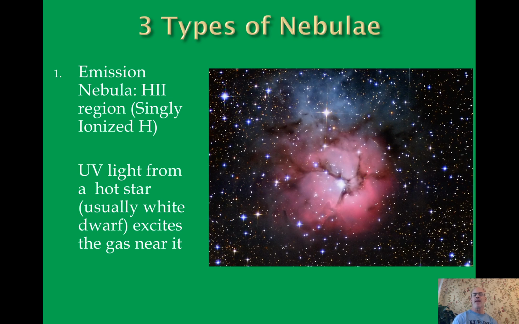And so what happens is that the ultraviolet light will excite the atoms, and we learned about how when the energy level of the electrons increases, they get excited, they drop back down, they emit light. So that's how they emit light, because they have to get excited by something near it, within that cloud, like a very hot star, like a white dwarf. Okay.